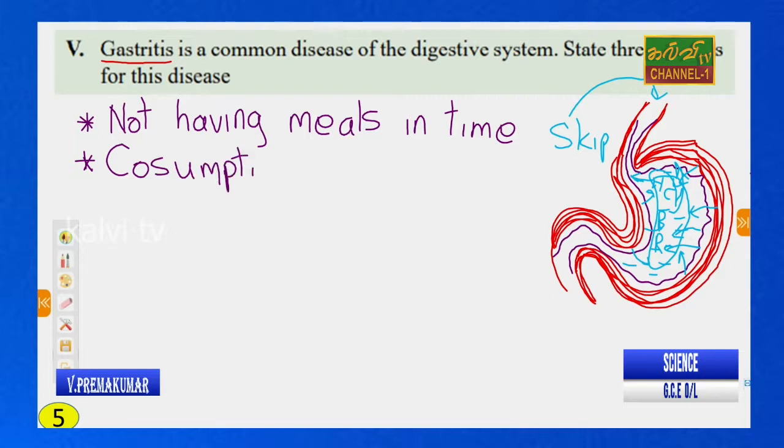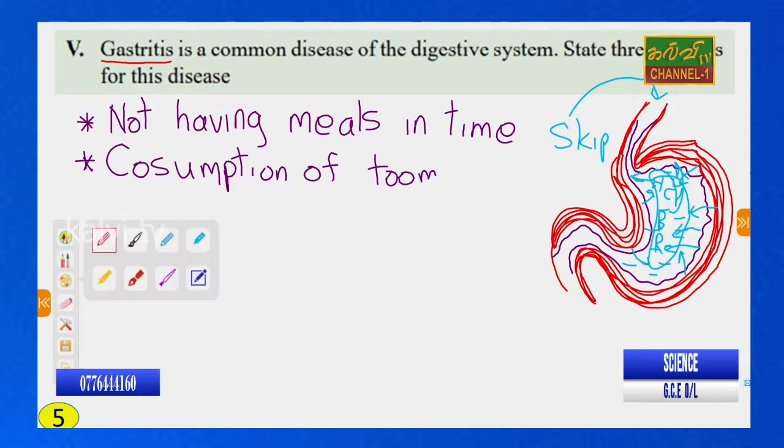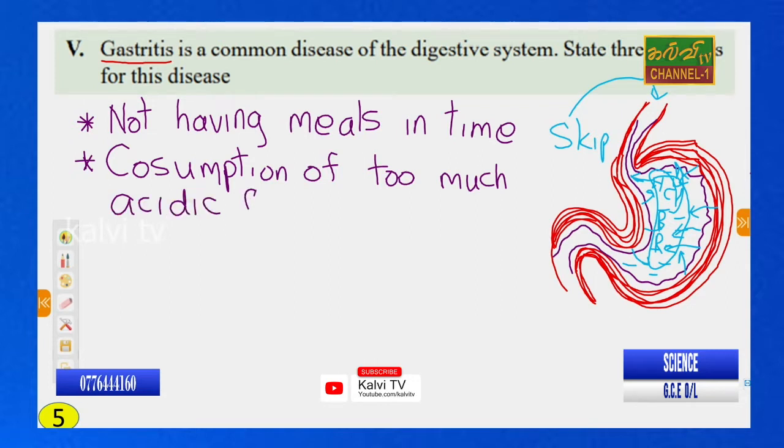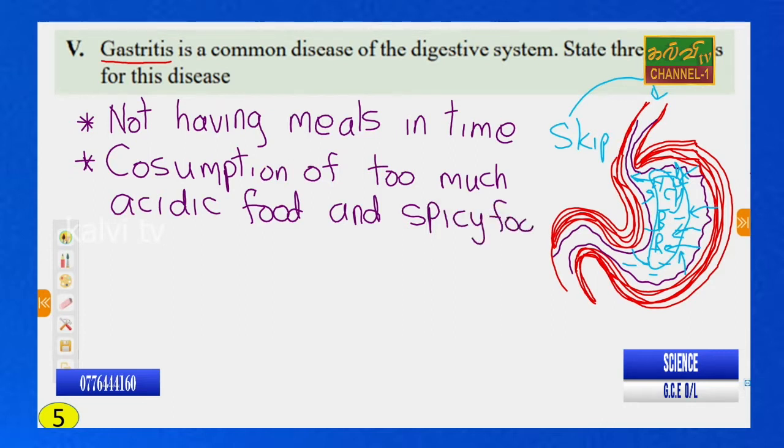Then the second answer: consumption of too much acidic food and spicy food may cause gastritis.